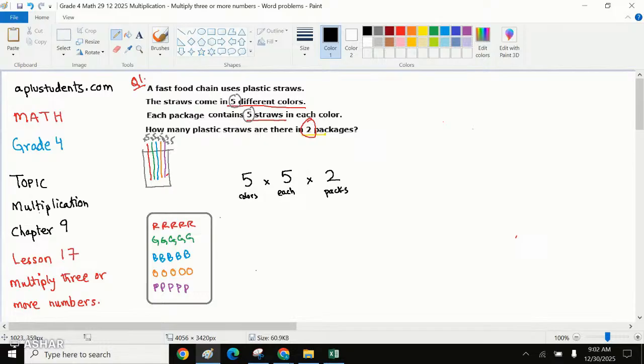So when we multiply 5 multiplied by 5, or we can do 5 multiplied by 2, easier is 5 multiplied by 2 is 10. 5 multiplied by 10 is 50, right? That means 50 straws in 2 packs, right? Do we agree on this?